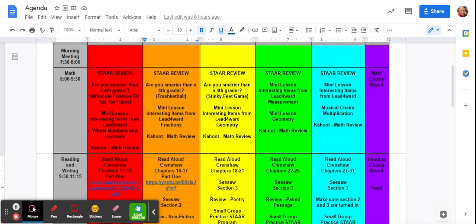So for math today, we continued our game, Are You Smarter Than a Fourth Grader? Yesterday we played a whoopee cushion and tic-tac-toe game. Today we play Tresket ball. Tomorrow we will play a stinky feet game. We're using the questions that are in Seesaw.